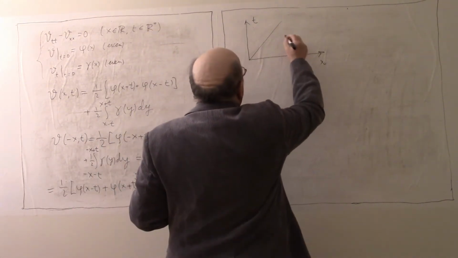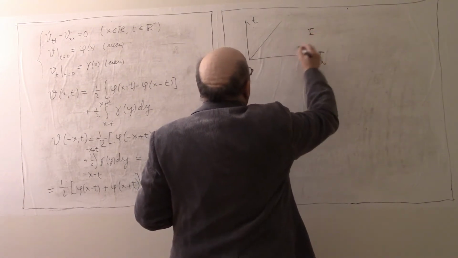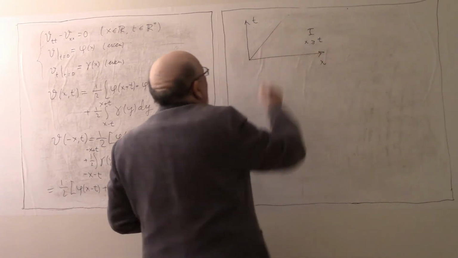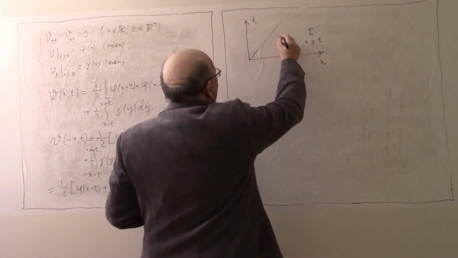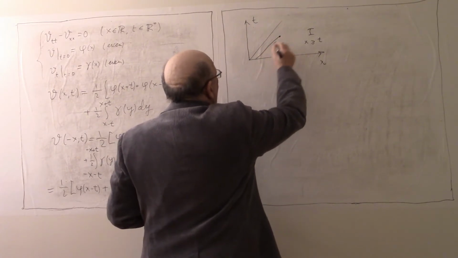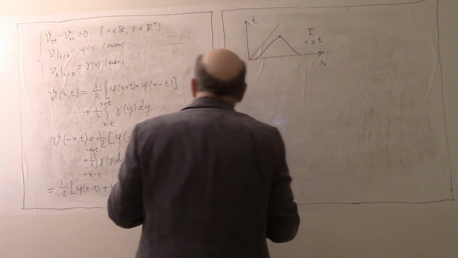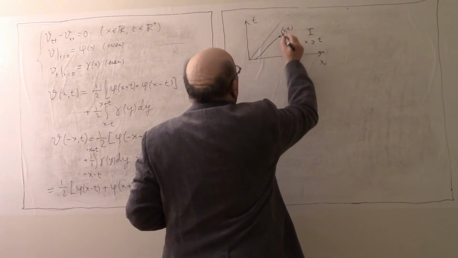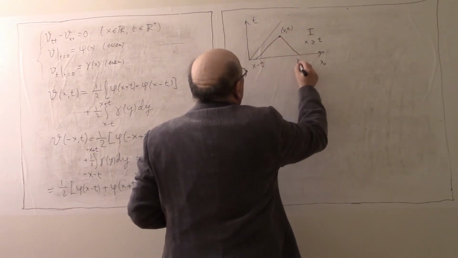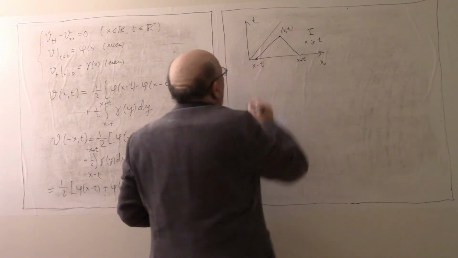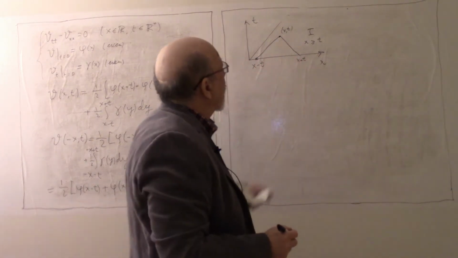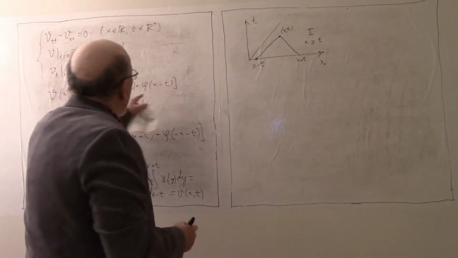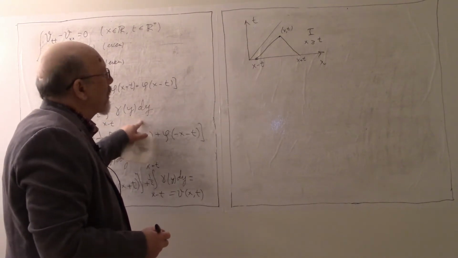So if you are in this domain number 1, where x is greater than or equal to t, if you take a point on the diagonal, then you see that both x minus t and x plus t are in the positive domain of positive x. And here the function phi equals f and gamma equals g.